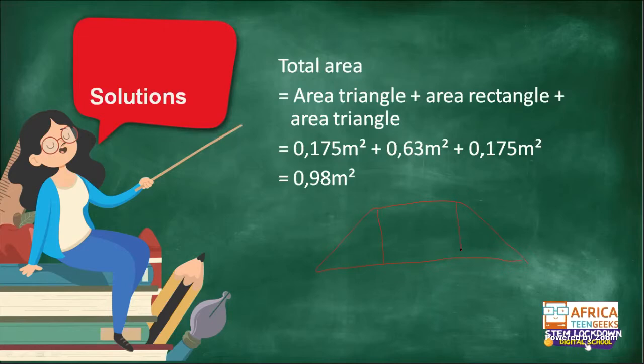So the total area will be the area of the triangle plus the area of the rectangle plus the area of the triangle. So the total area is 0.98 square meters.